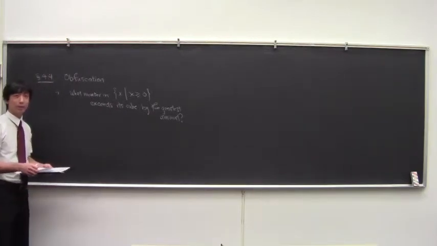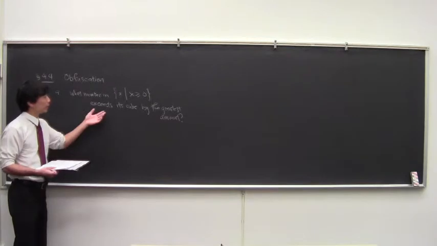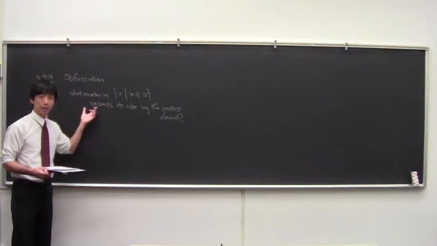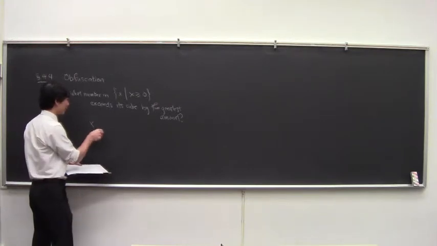So what function are we interested in? We want to look at how much a number exceeds its cube. So you have some number x, and we want to know how much bigger it is than its cube.